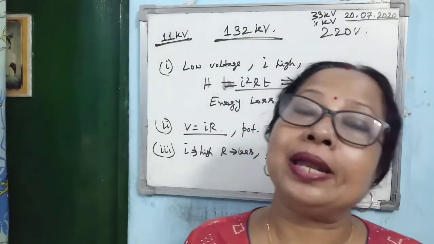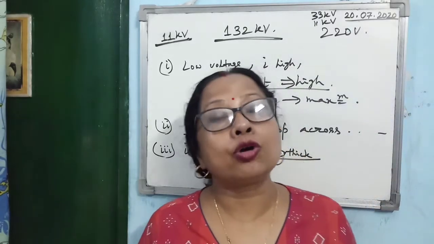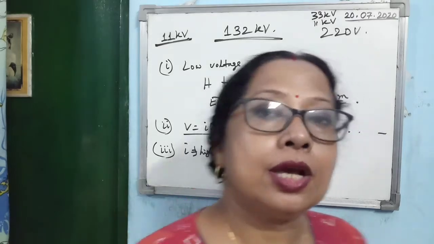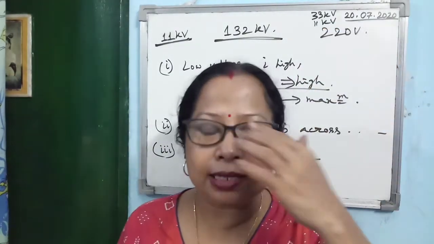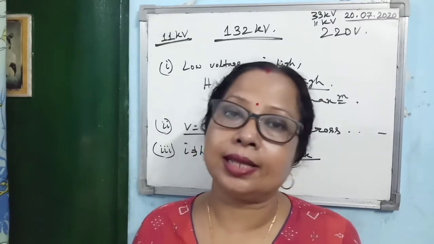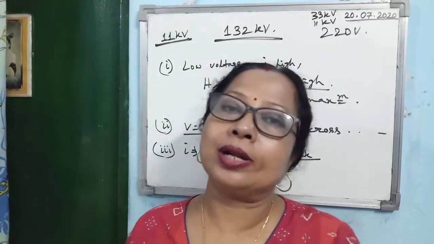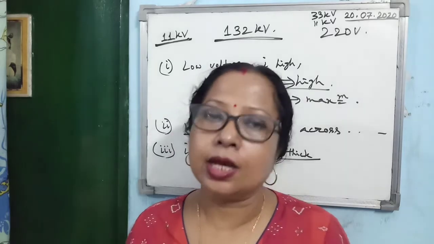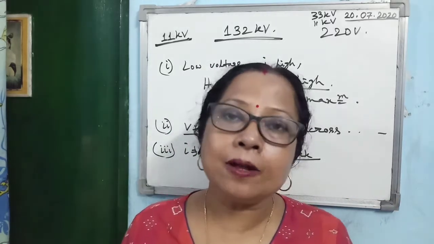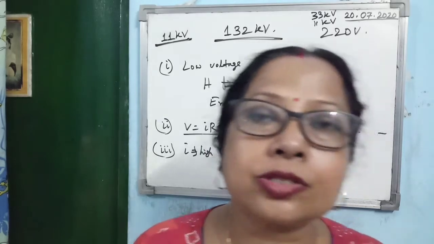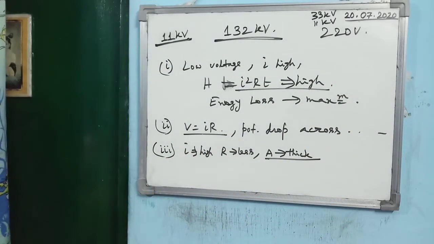It will increase the cost of transmission. So these are the three disadvantages of electric power transmission at low voltage. To overcome these three disadvantages, electric power is always transmitted at very high voltage.